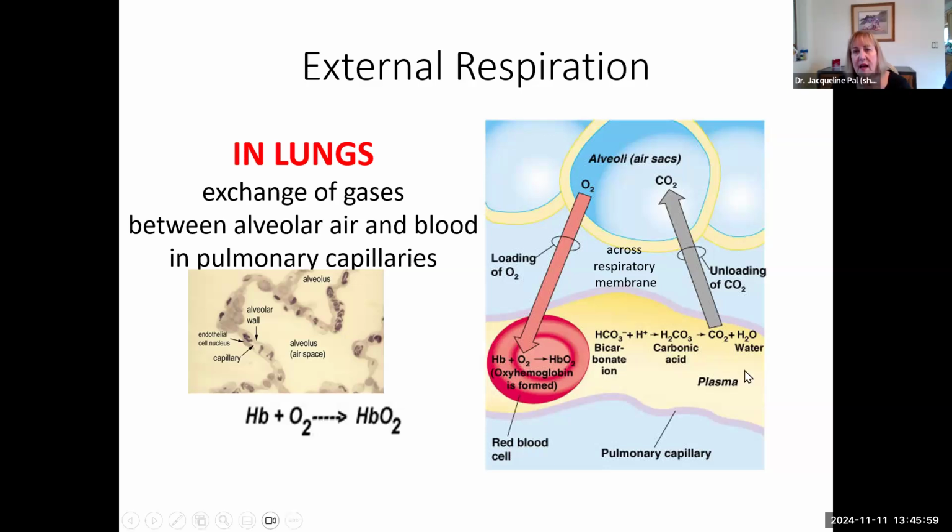And then the carbon dioxide is unloaded as a gas into the alveoli, and then we exhale the gas of carbon dioxide. So that's external respiration. It occurs across the respiratory membrane between the pulmonary capillary and the alveolus.